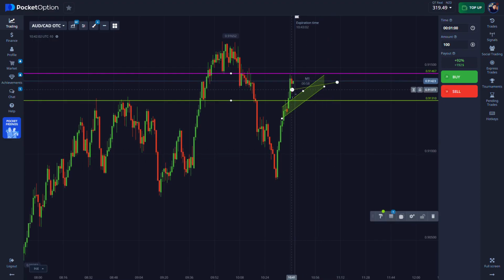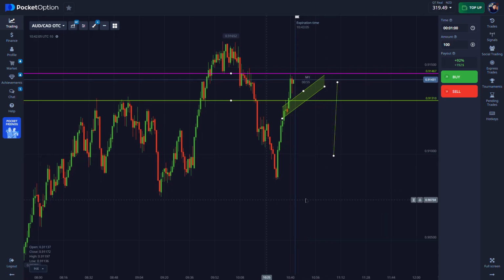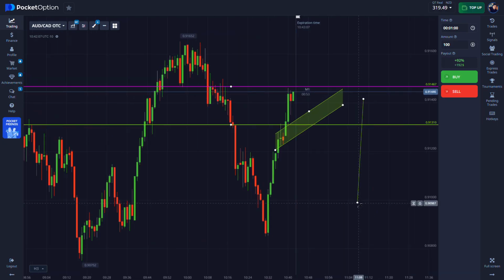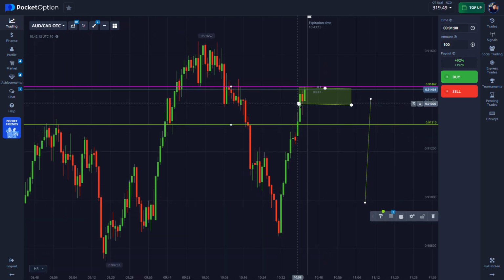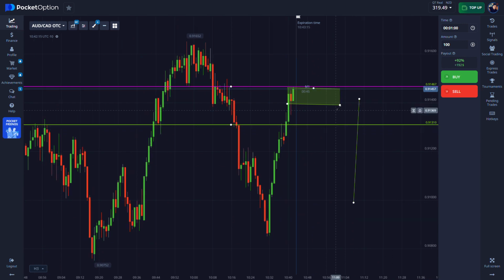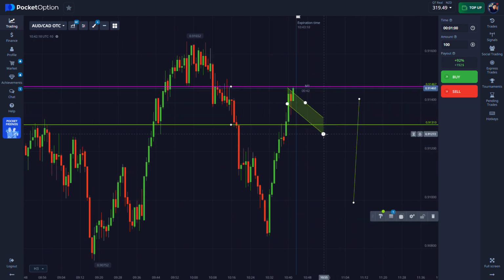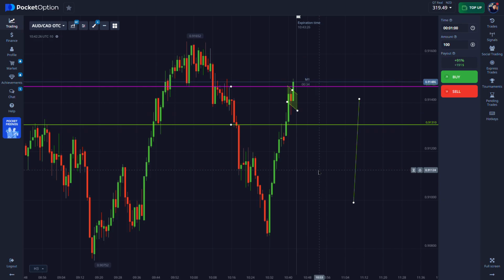That looks like a wick fill up. Again, up to liquidate the sellers.